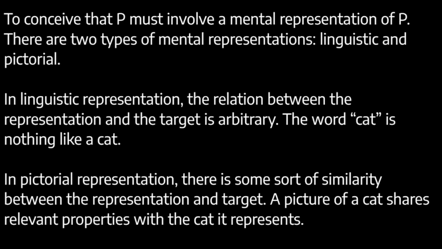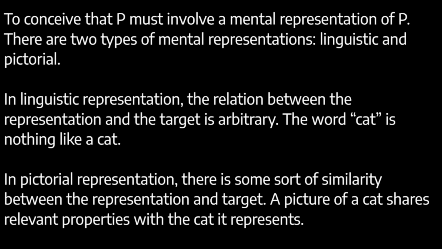So this distinction can be put in terms of the arbitrariness of the mapping relation between the representation and the thing represented. In the case of linguistic representation, there does not need to be any particular relation between the representation and the target.